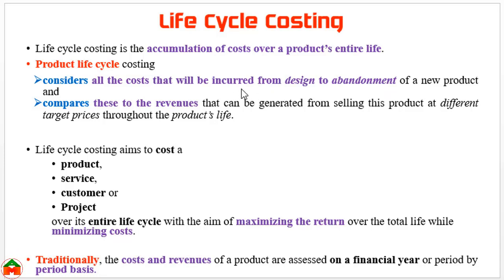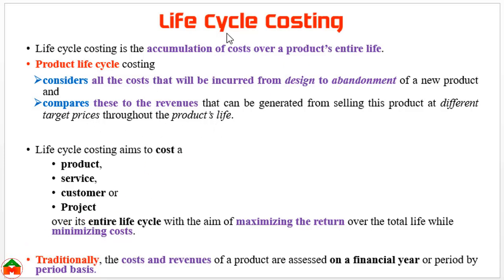After determining all the cost from the product's entire life, we compare the cost with the entire revenues that can be generated from selling this product at different target prices throughout the product's life.